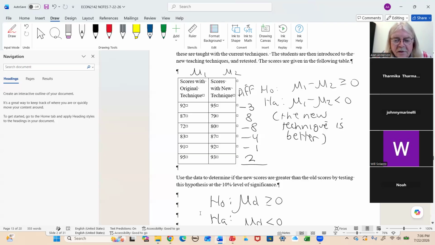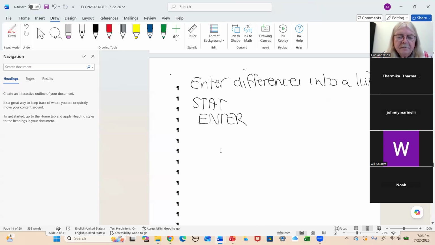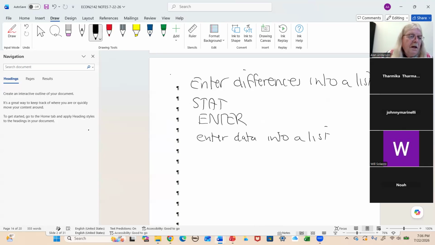Now, once that's done, you go to Stat, but this time you choose Calc in the middle.